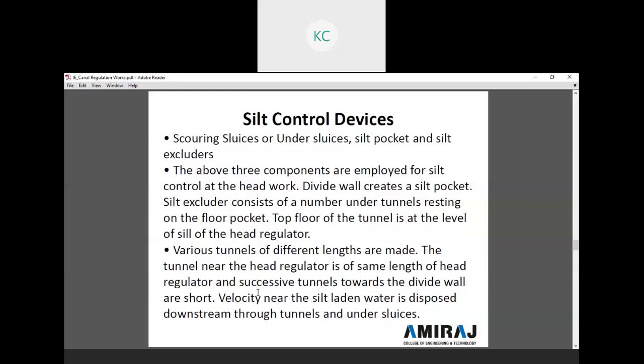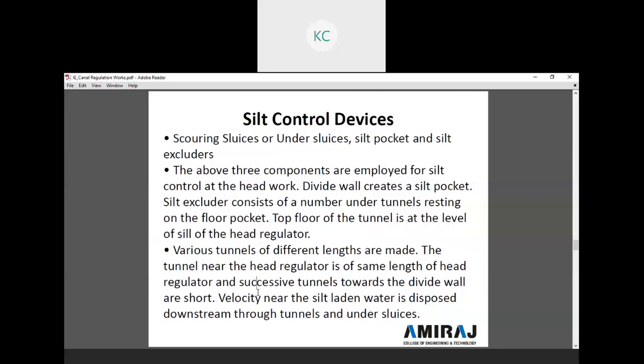The work of the scouring sluice is that the debris suspended near the bed slope is washed out with the help of the scouring sluice or the silt pocket. But the floating debris or floating silt in the canal water, the silt excluder removes that kind of excessive silt matter with the help of the excluders and the vacuum system.